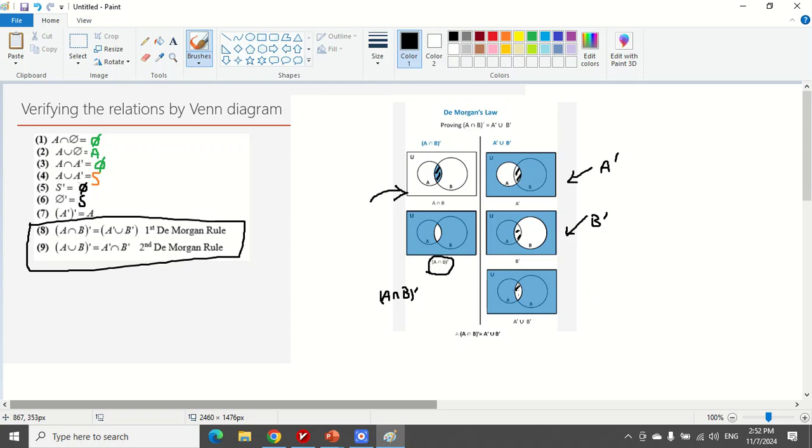So it's going to be all parts except the common part, and as you can see, A prime union B prime is the same as A intersected with B, totally prime. So this somehow proves the DeMorgan rule by using the Venn diagram.